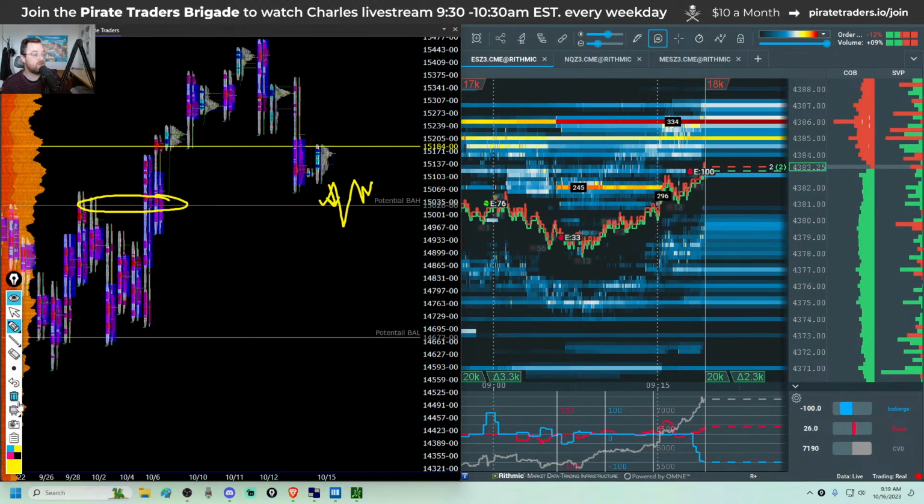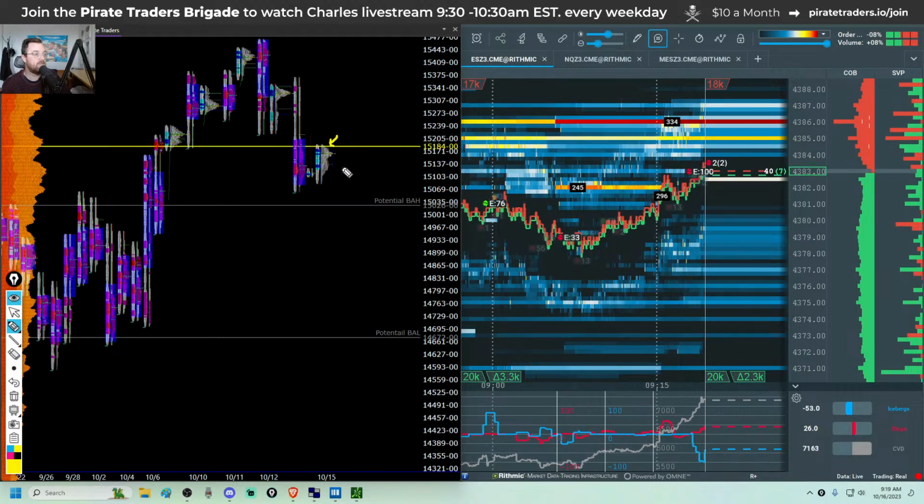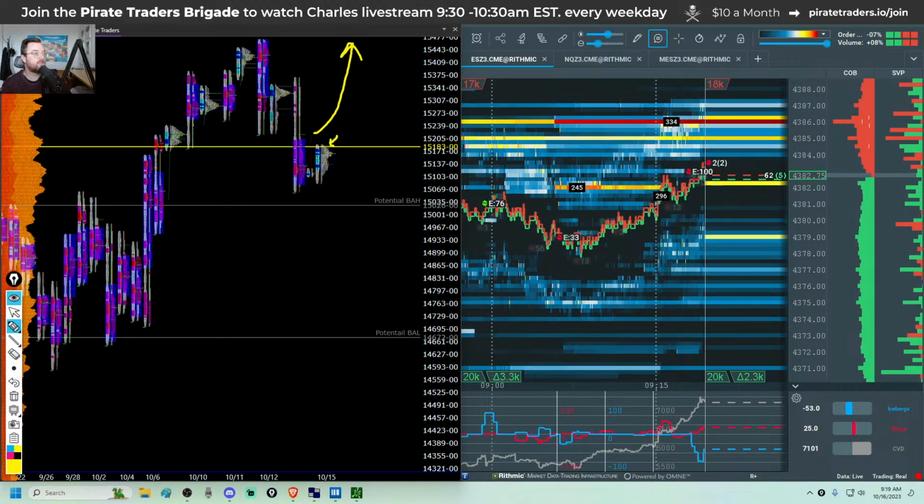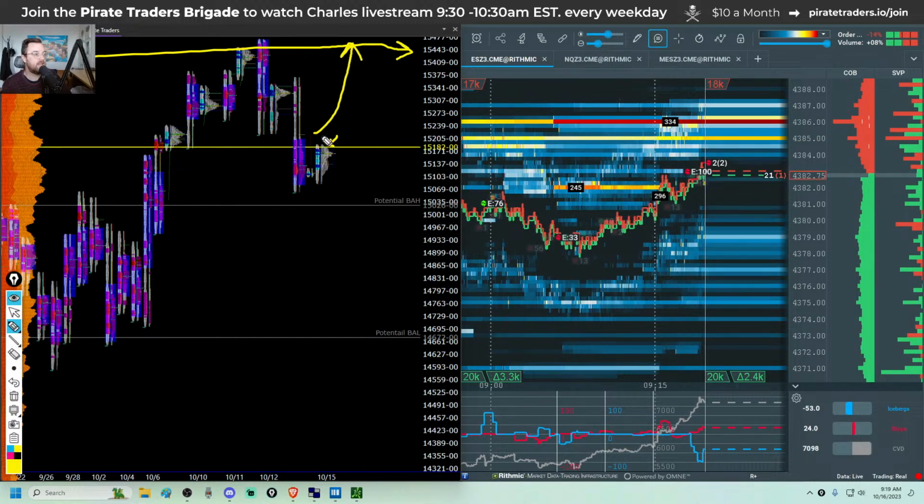But I would be just as bullish to the upside: if they get above the overnight high and find support, we're heading back up to test the 15,440s. So same thing, chop zone with the overnight range. The overnight high is the area that we're looking to get above and stay above.